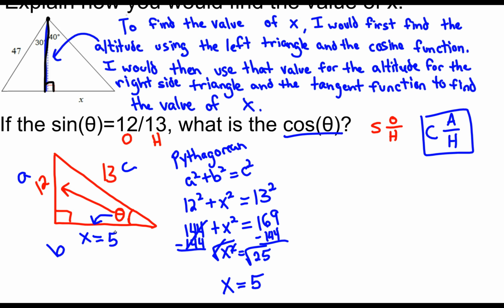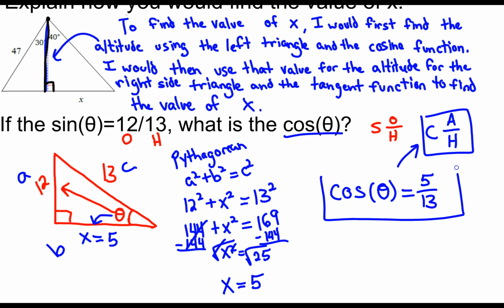So now that I know that that missing side is 5, I can come back and say, well, the cosine of theta, which I know is adjacent over hypotenuse, is going to be the adjacent side here, 5, over the hypotenuse, 13. And that is cosine of theta.